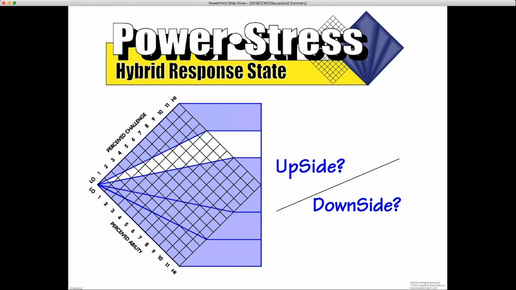Mm-hmm. Yeah. Because they can be out of control and not even know it, and then you're cleaning up a mess after a while. At a very practical level, coaching a client, if you look at this chart, you're not going to get very far by trying to convince the client, oh, it's not as bad as you think. Right. Trying to reduce their perceived challenge. That's their belief around that right then.